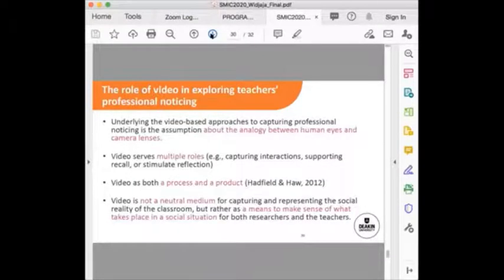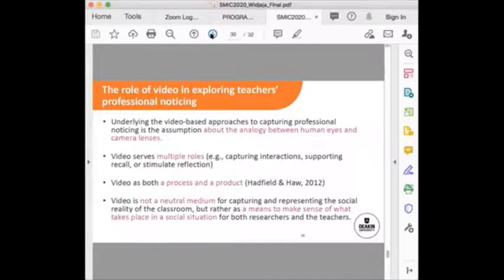So this is looking at the role of video in exploring teachers' professional noticing. We look at the analogy between human eyes and camera lenses, and we also realize that there are limitations with video. Video doesn't capture teachers' peripheral vision.